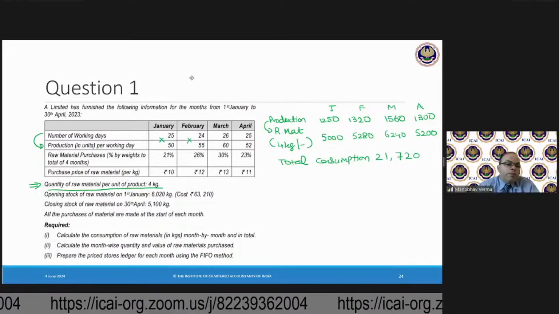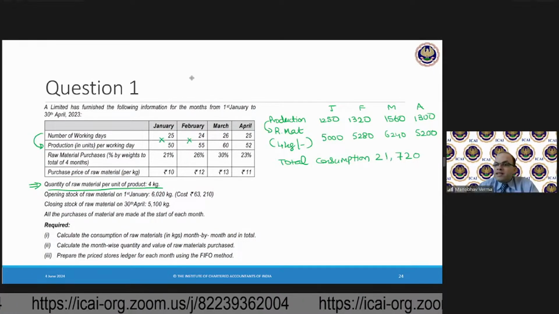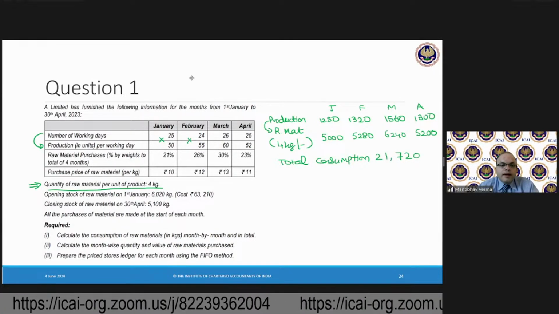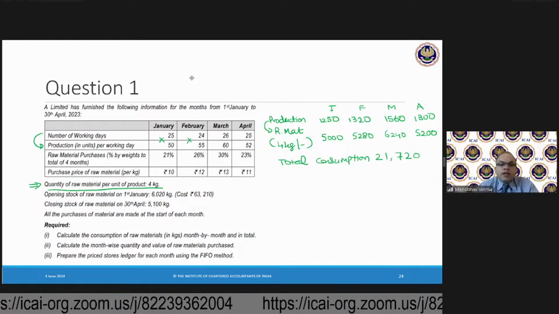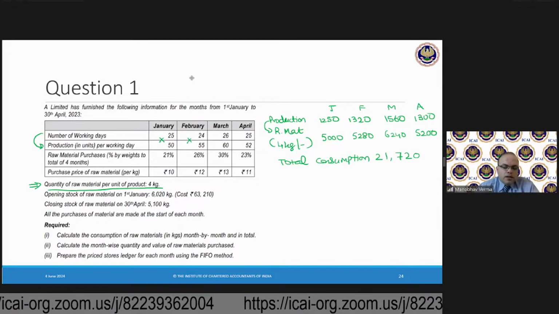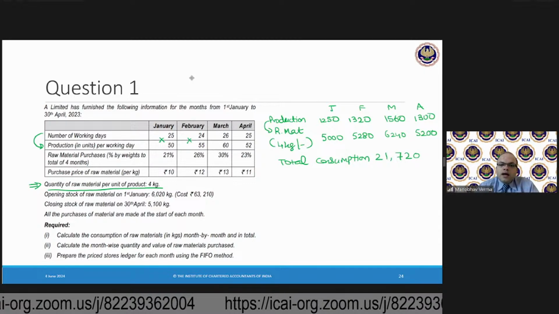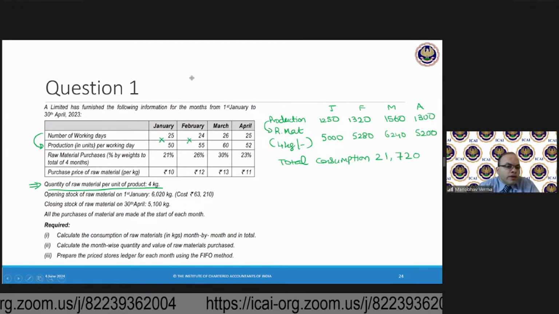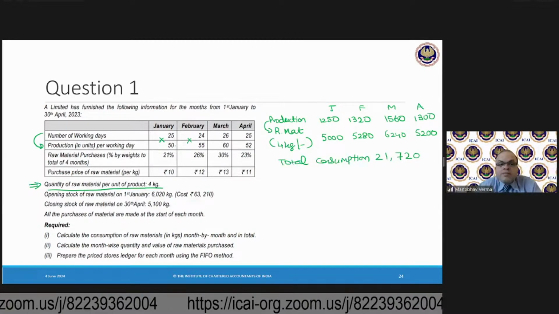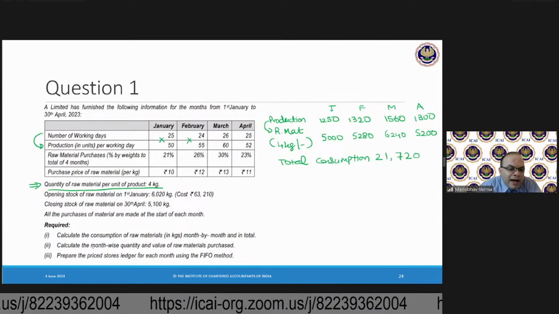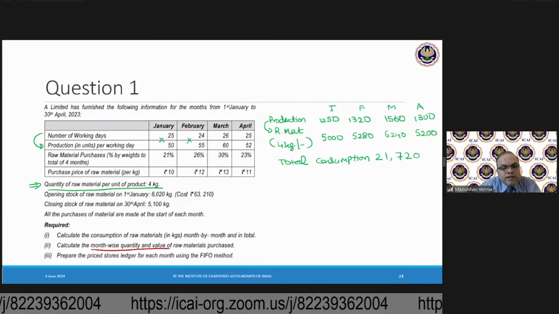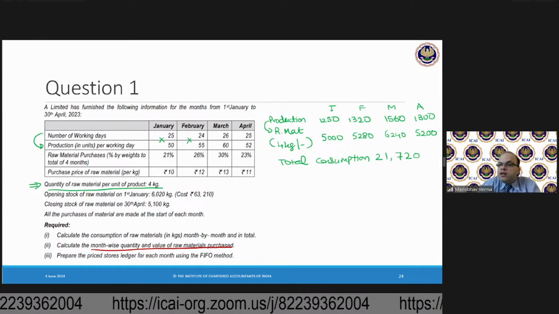We are given opening stock of raw material as 6,020. We are given closing stock also. And we are talking about the consumption as well. What is also given to us is the raw material purchases percentage. How do we use this data, guys? How do we arrive at month-wise quantity and value of raw material purchased?